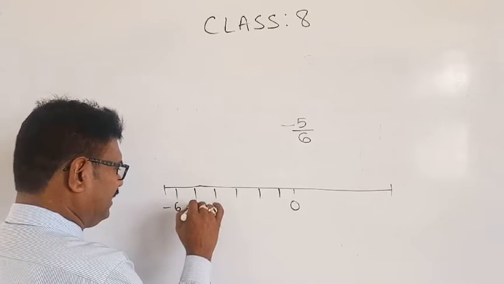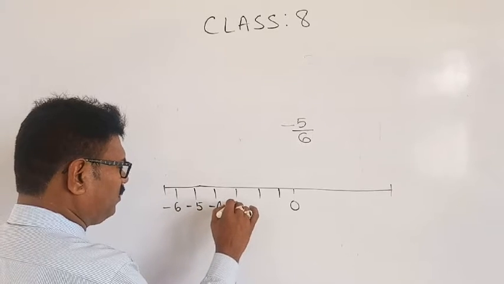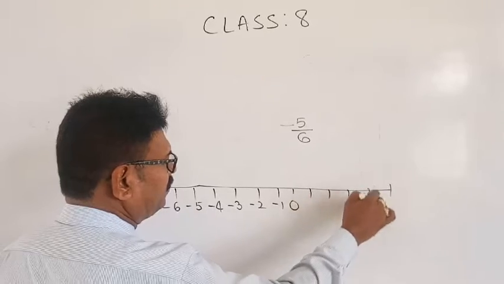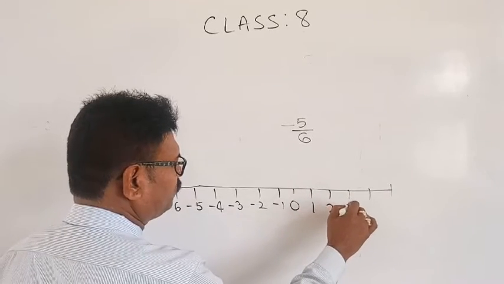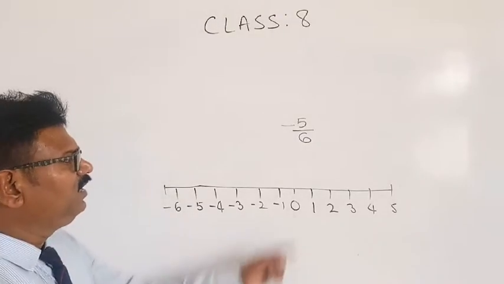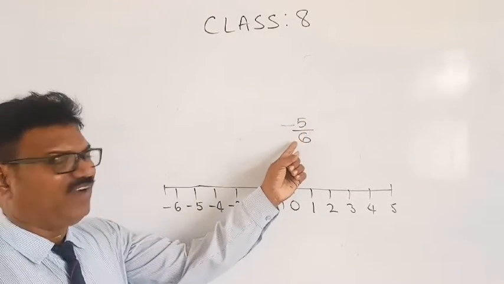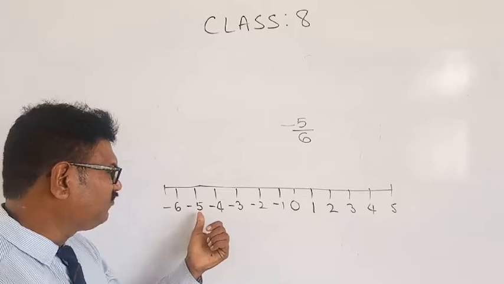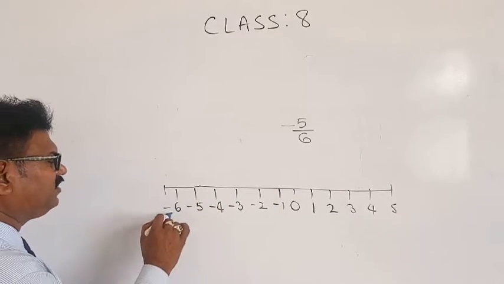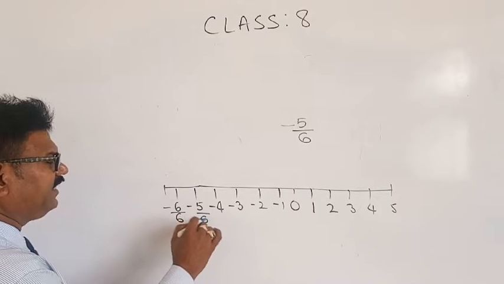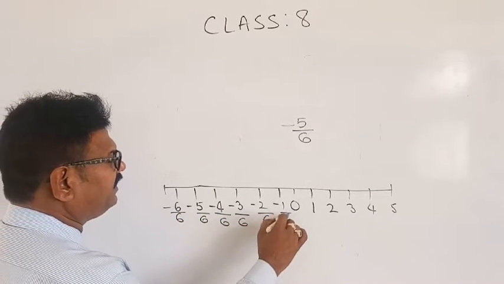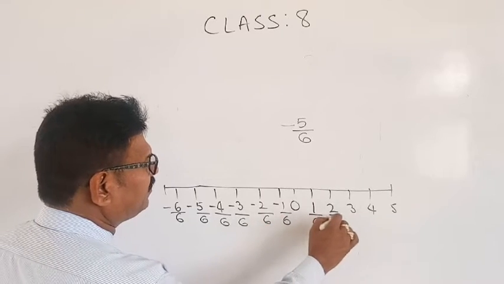Minus 6, minus 5, minus 4, minus 3, minus 2, minus 1, 1, 2, 3, 4, 5. Here I want minus 5 by 6. Minus 5 is there, but 6 is not there. Then you can divide with 6 directly: 6, 6, 6, 6. It is easy to understand.